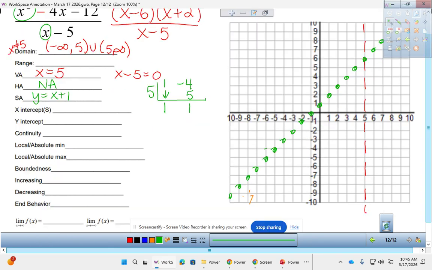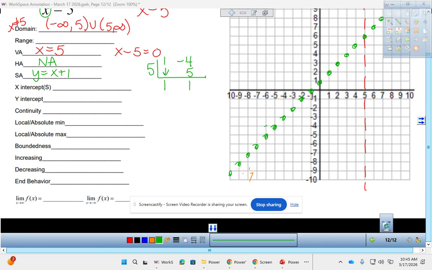After I do slant, I go to end behavior. If my horizontal asymptote is 5, my end behavior is 5. But my horizontal asymptote doesn't exist. I have a slant. So when you're working with a slant, your end behavior is the infinities. This part of the graph here would continue to go down if I extended the pattern, which makes the left end behavior negative infinity.